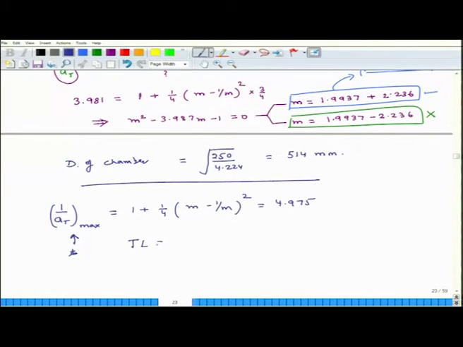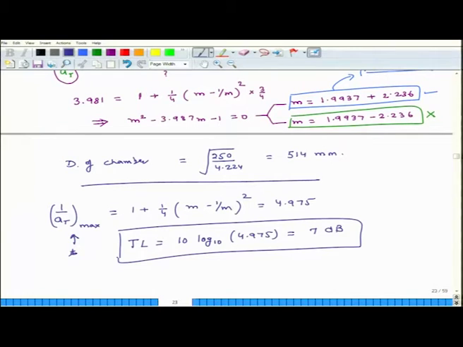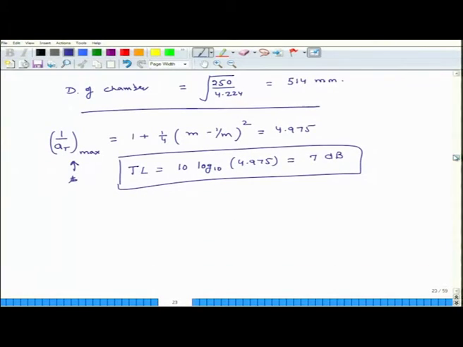So, transmission loss equals 10 log 10 of 4.975, and that equals 7 dB. So, this is how we compute the dimensions of the muffler.